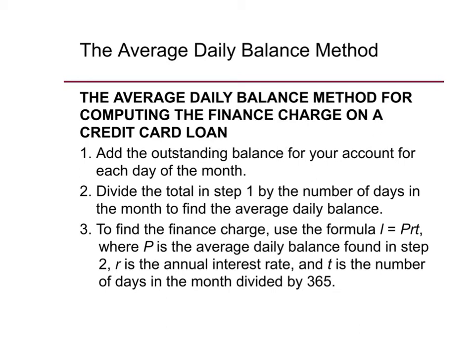I equals PRT to find the interest, and then T is the number of days in the month divided by 365. And that's really important because May is different than April. They have different numbers of days, so the month that we are in matters.